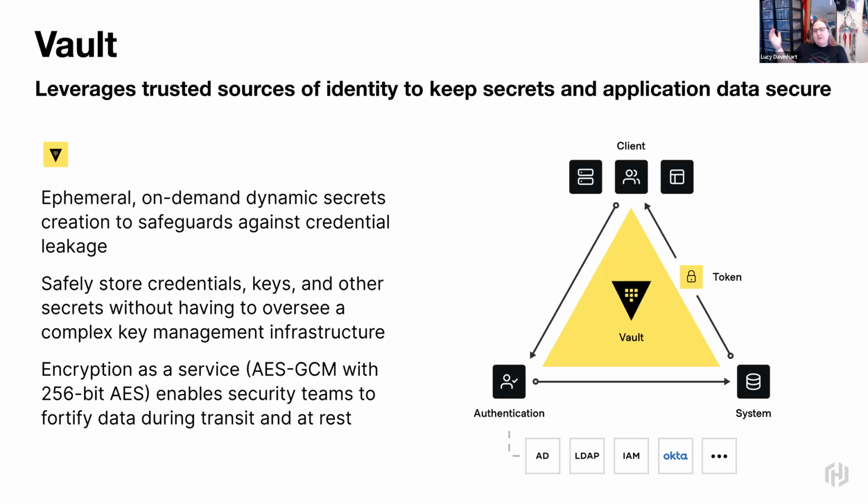Vault can generate these ephemeral credentials for a number of different systems and then automatically revoke them after a certain period of time has expired. And that reduces secret sprawl and enhances auditability at every step, because every single secret that gets issued is logged and audited, is unique for every individual instance of an application that needs those secrets.